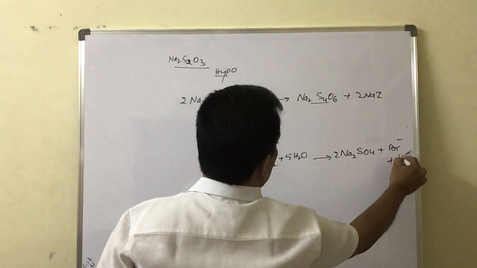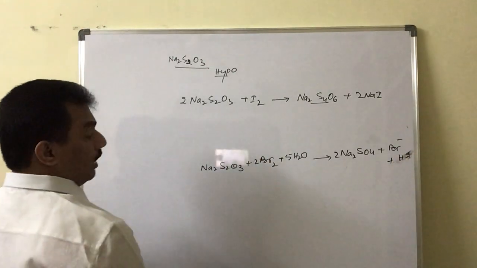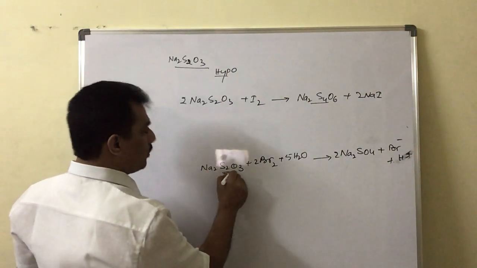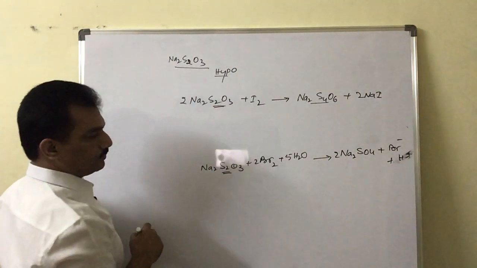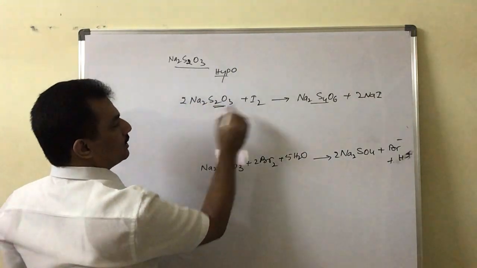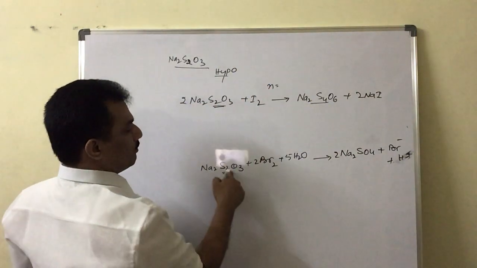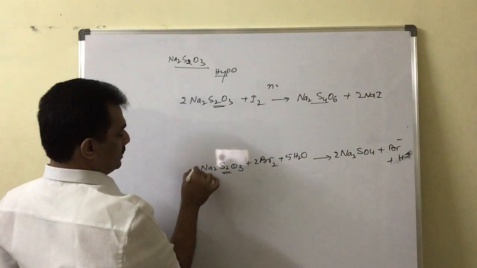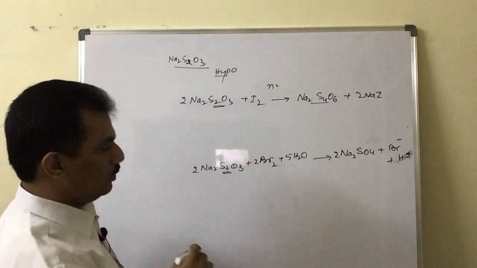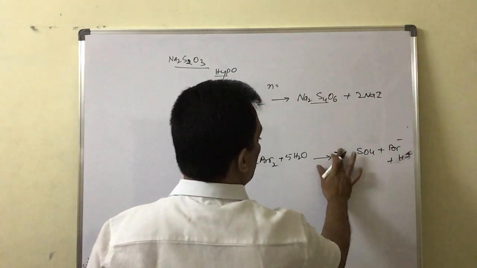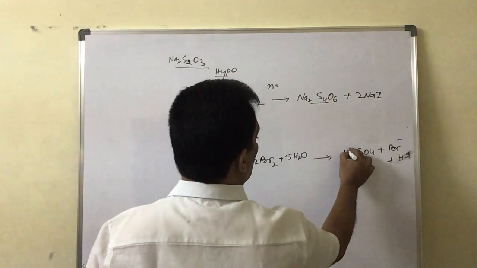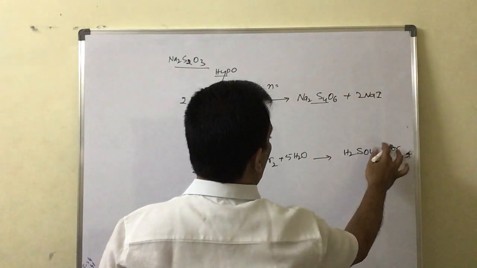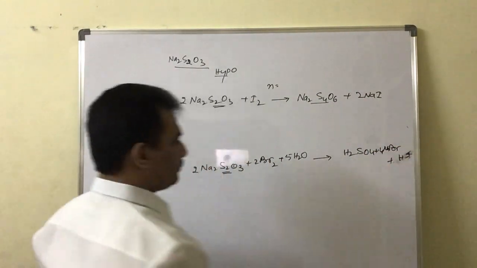Okay, altogether what is happening is that in this compound S2O3, the N factor in this case is different from the N factor in the other case. Now let me give that it is nothing but 2. Here it is not Na2, it is simply H2SO4 and 4 NaBr.